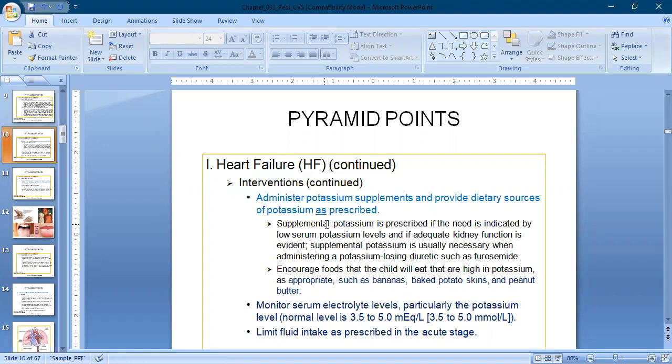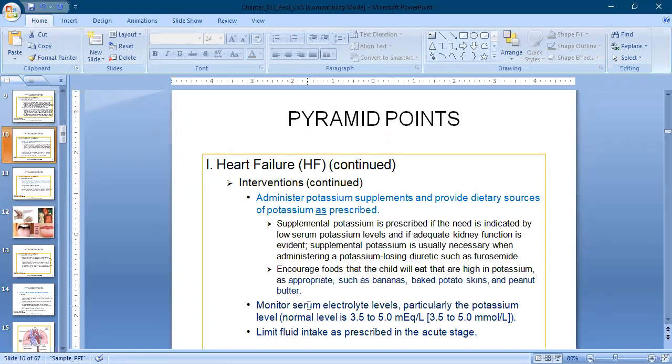It means potassium rich food is good, right? Potassium containing foods are banana, baked potato, peanut butter, all are good sources of potassium.